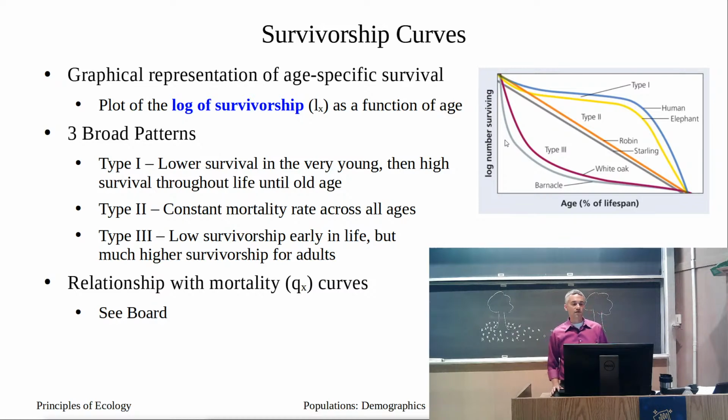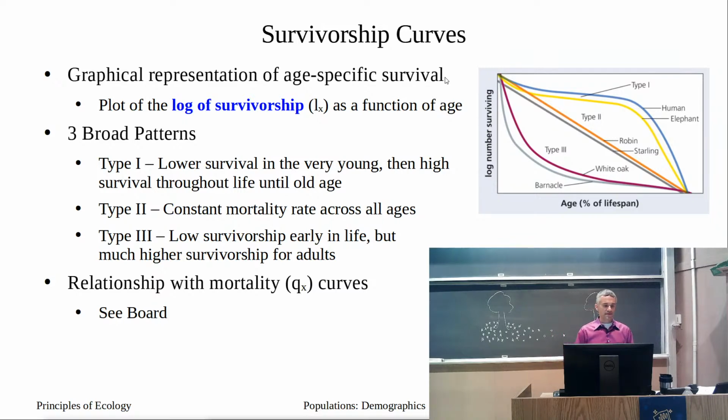Once we plot it on the log scale, we get one of three patterns. They're pretty close to one of these three patterns. We have a type 1 survivorship curve up here, a type 2 survivorship curve, which is basically a straight line, and a type 3 survivorship curve that is like this. These are three broad patterns.